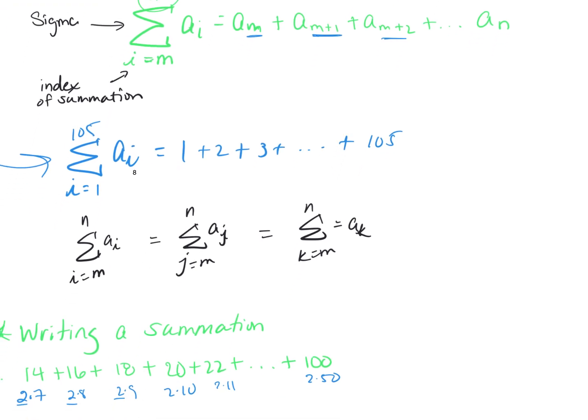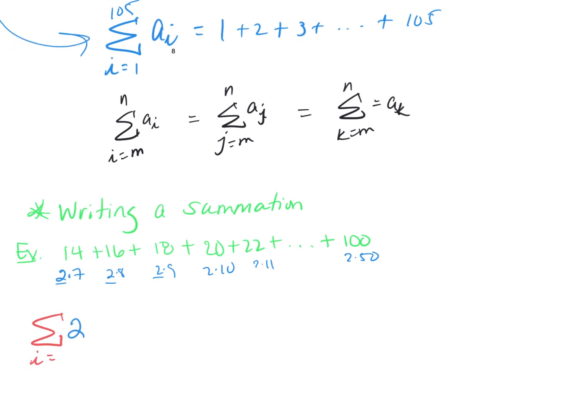So if I'm starting with a 7, then I'm adding 1, getting 8, then 9 and 10. So I know this has to be a 7 up to 50. But then what goes inside that is your i's. So I put an i right here. And that's it.